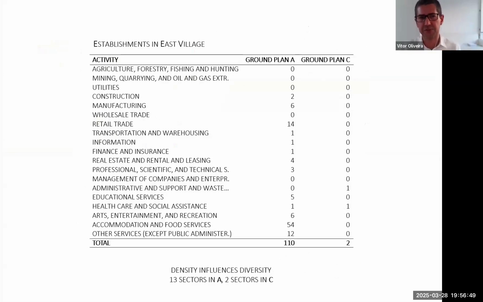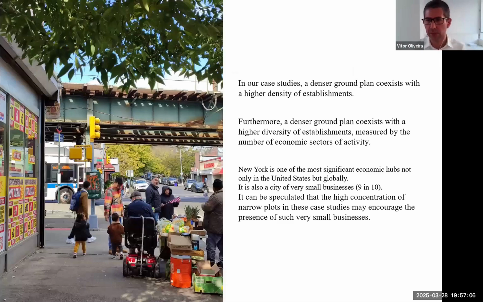This is the list of activities of the US government, and we see that in A, not only do we have a very high number of establishments, but also 13 sectors of activity. So we can say that in our case studies, not in all cities, a denser ground plan coexists with a higher density of establishments and with a higher diversity.